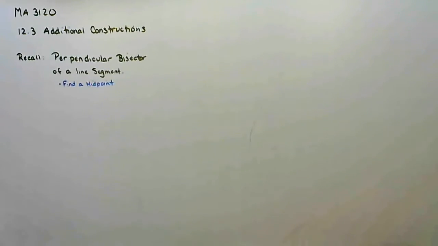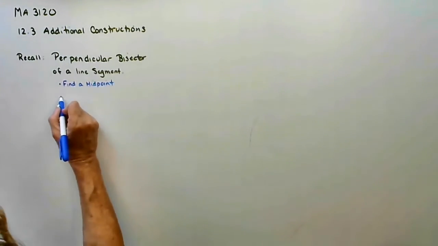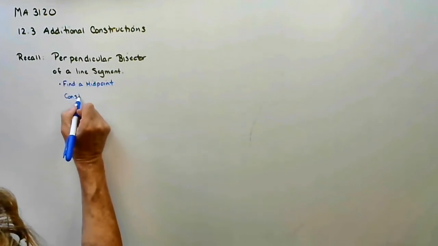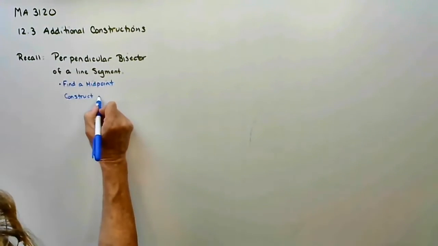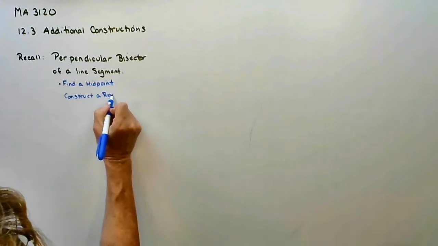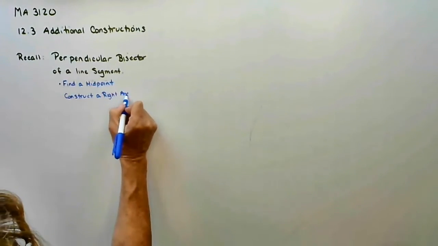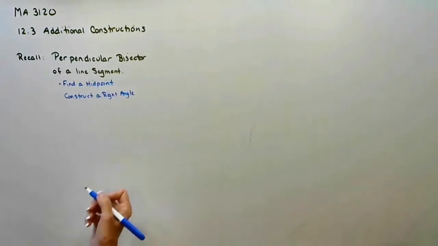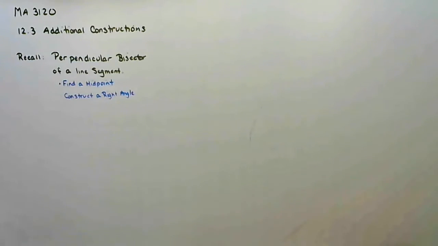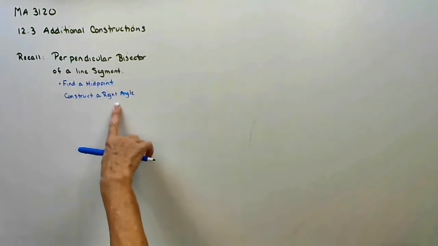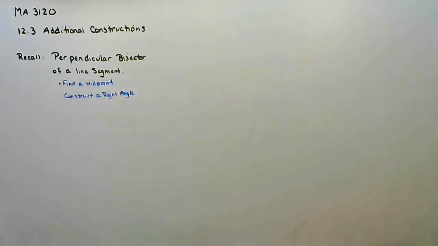And then it'll also allow us to construct a right angle, because by definition, perpendicular lines are 2 lines or line segments which intersect to form a right angle, or 90 degrees.